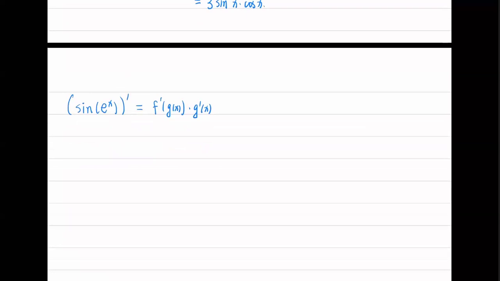What is g? Exterior and interior. F is sine, the sine part, and then g is e to the x. Okay, what's the derivative of sine? Cosine x. And what do we put over there?